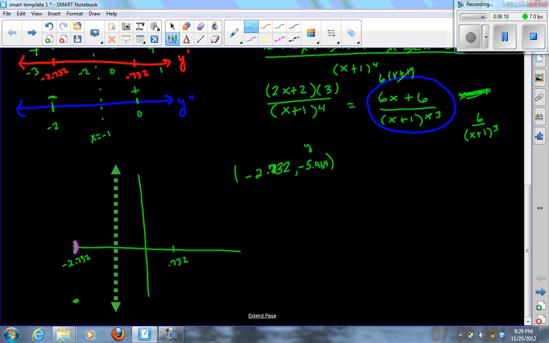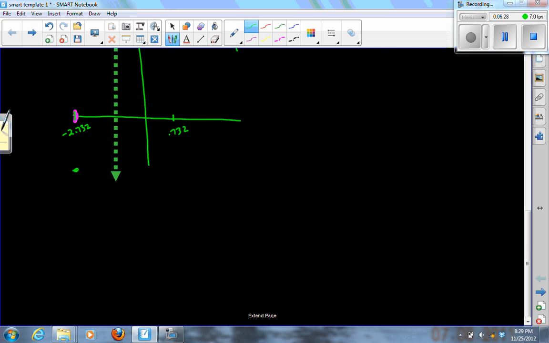So I have increasing, then I have a max, then I have decreasing, and also on this entire interval left of the asymptote, my second derivative is negative, which tells me the function is concave down. So that kind of matches up with the fact that this is a max. So I'm going to increase for some amount, and then I'm going to decrease right here to get over to that asymptote. So this graph looks something like this.